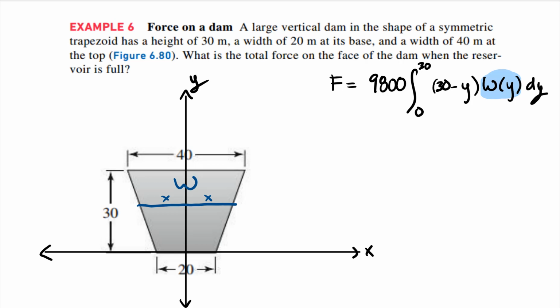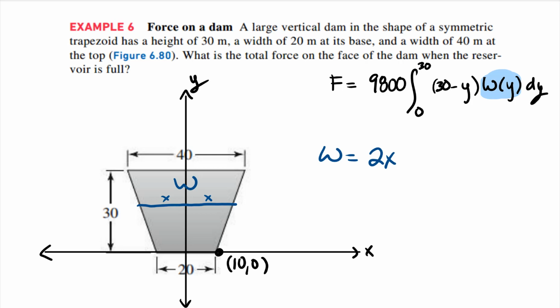But before we start, the width is equal to 2 of those x's. You see how we split it in half? So any x value we choose, we're going to have to multiply that thing by 2. And as we had done before, I'm like, wait a second. If that's 20 meters, I think half of that, this point here, wouldn't that be 10?